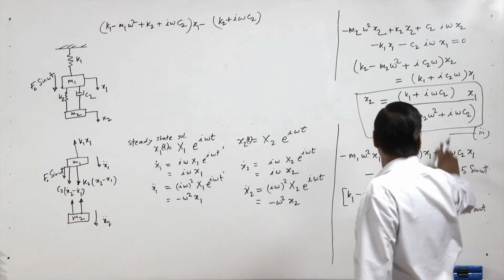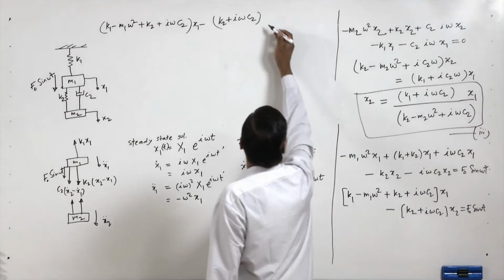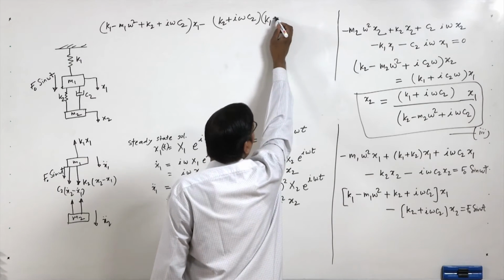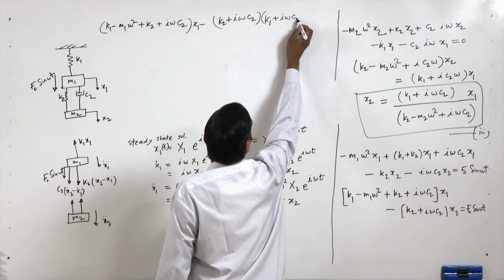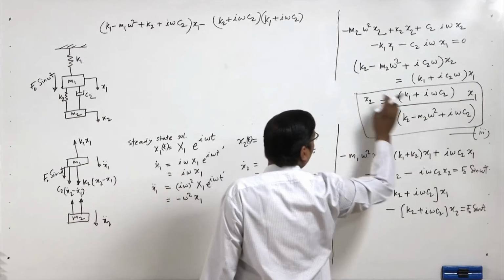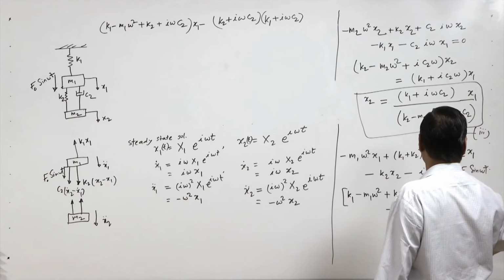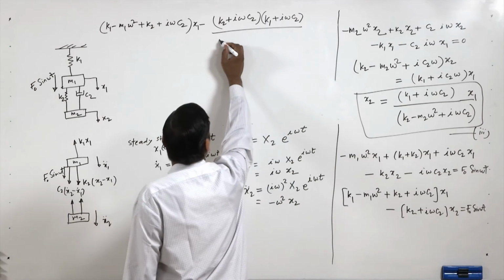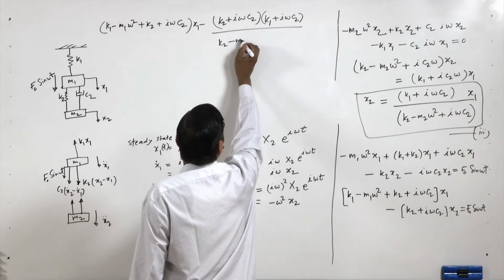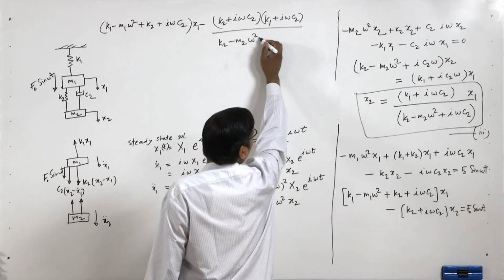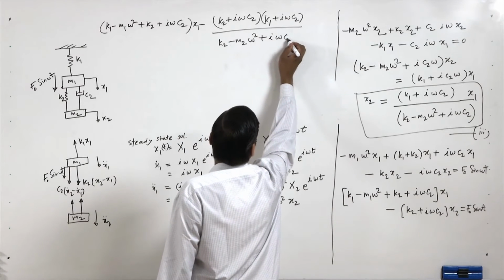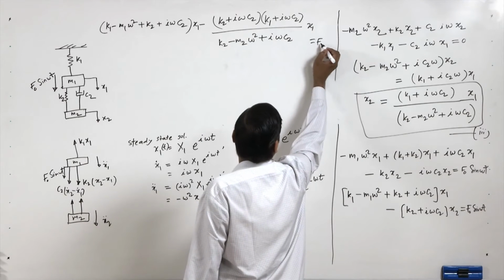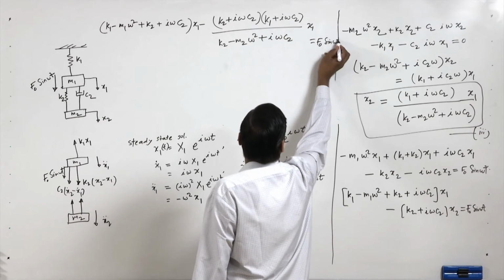Now for x2 we can put these terms, so it is k1 plus I omega c2 upon this term, so it is k2 minus m2 omega square plus I omega c2, into x1, that is equal to f0 sin omega t.